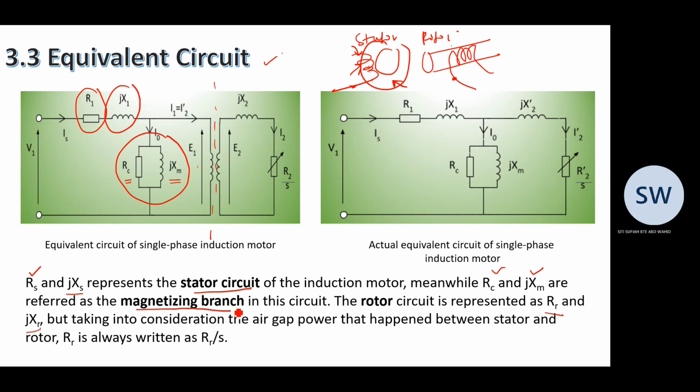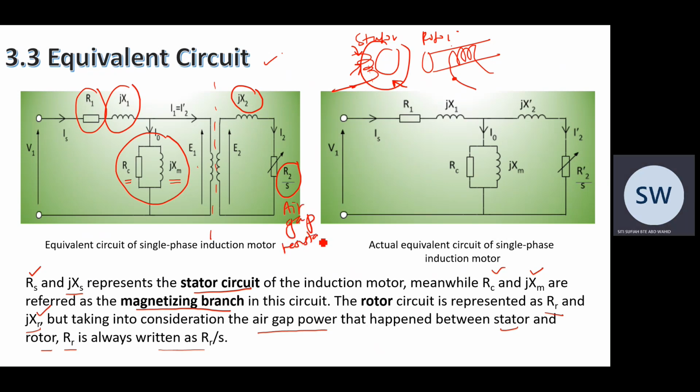But taking into consideration the air gap power that happens between stator and rotor, our rotor resistance is always written as R over S. This is the rotor reactance, XR, but R2 we usually present as the air gap resistance, R2 over S, similar to a transformer. So this is the winding on the stator, this is for the rotor. On the stator we also have a magnetizing branch, and they are not physically connected, similar to a transformer.